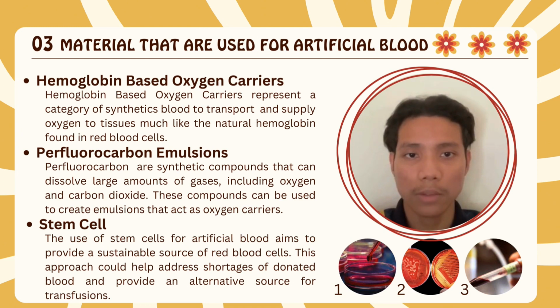These compounds can be used to create emulsions that act as oxygen carriers. Third, stem cells. The use of stem cells for artificial blood aims to provide a sustainable source of red blood cells. This approach could help address the shortage of donated blood and provide an alternative source for transfusion.